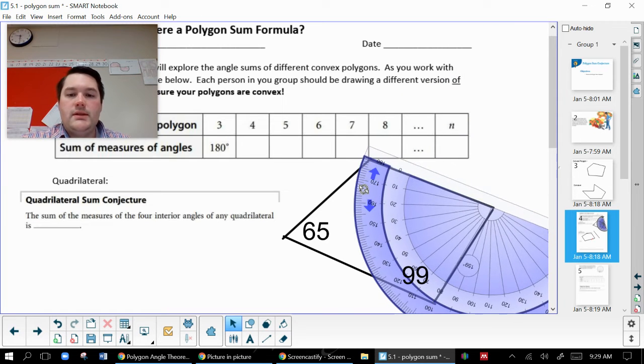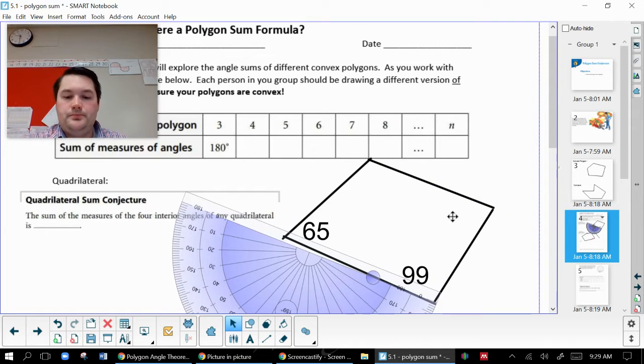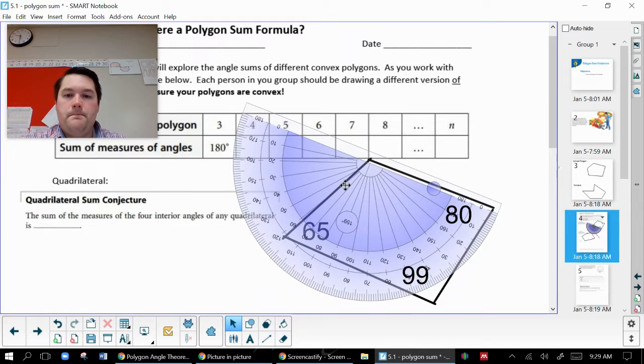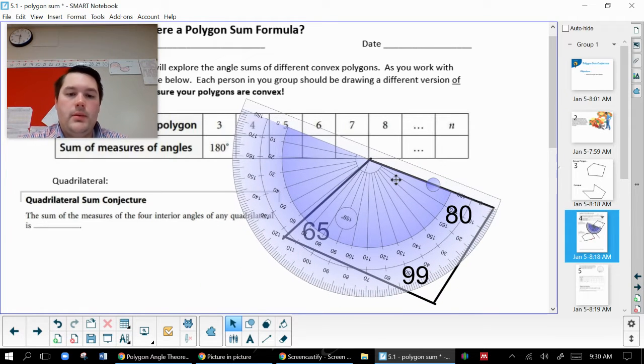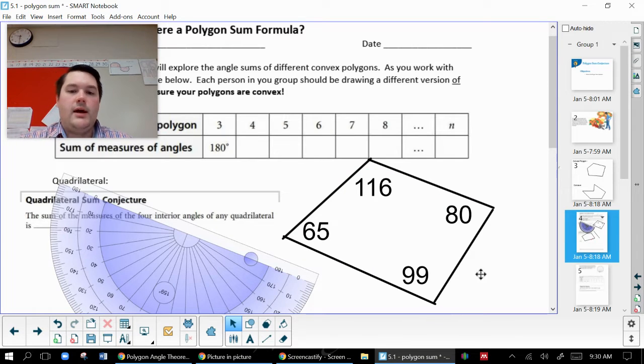You line up the 0 right there on one side, and then whichever scale has the 0 on it, that's where you're reading. So I'm reading off the inside scale here. There's 80 degrees on that one. And up here, where 0 is on the outside scale, so I'm reading over here, we're looking like maybe 116 degrees. So something like that.